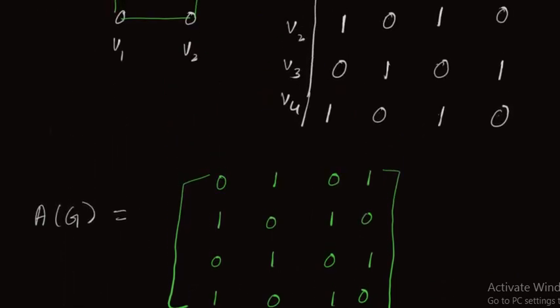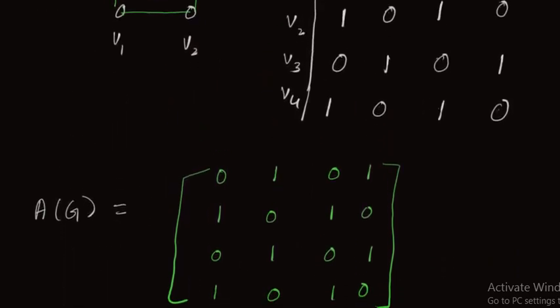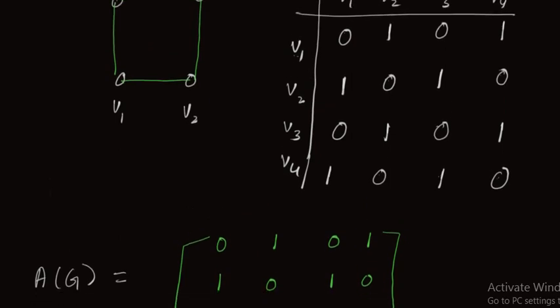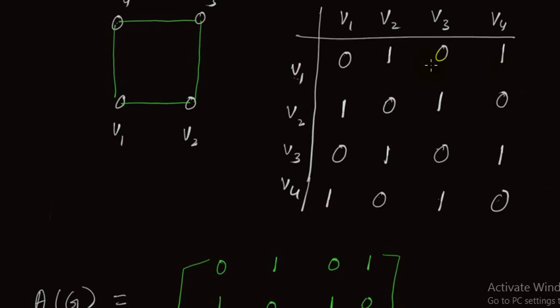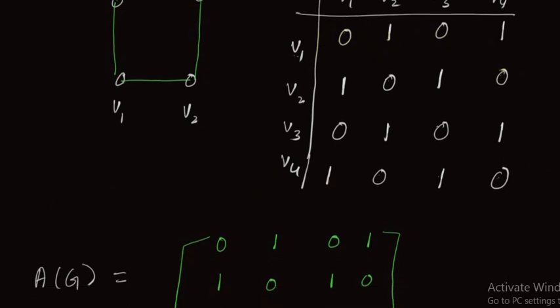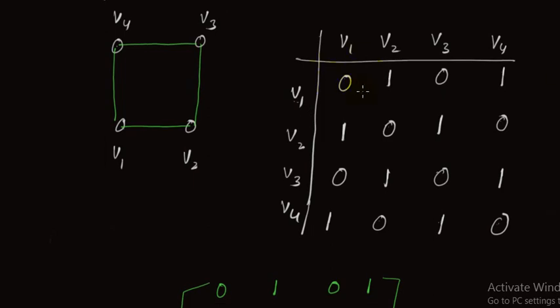Now we move to the second property. These two matrices are same. This is the same matrix as the adjacency matrix. Now consider the first row of the adjacency matrix, which is in front of V1.